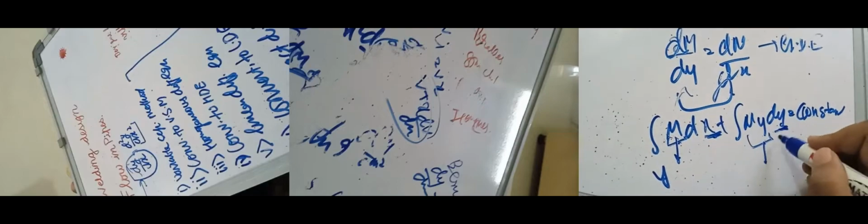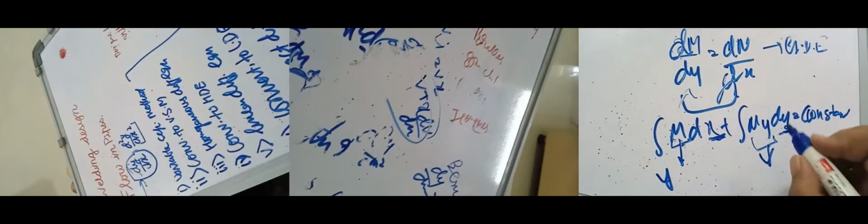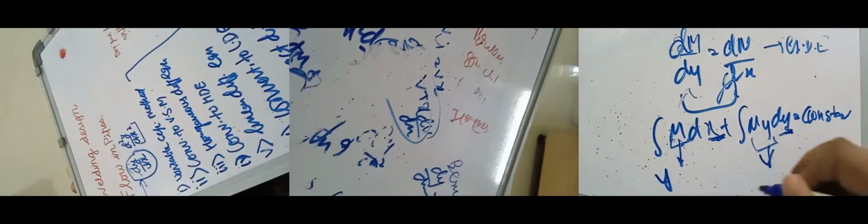For N, if any x appears in any term, maybe like x square y or x ln y, or anything, then completely neglect that term. Any y can be in any form, but if x is present in that, then completely neglect that term, then equal to constant. So these are the 7.